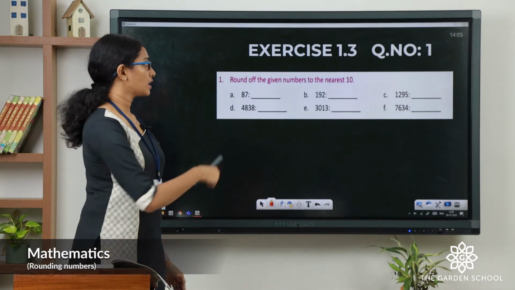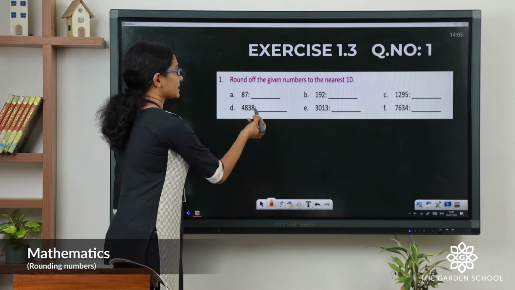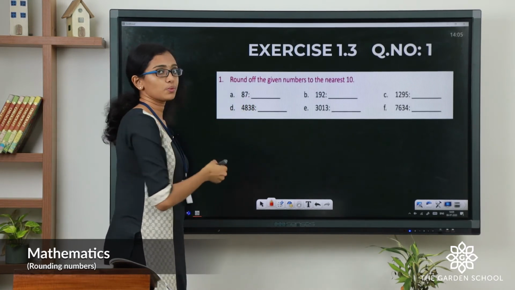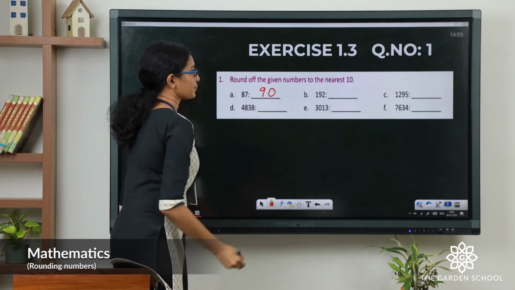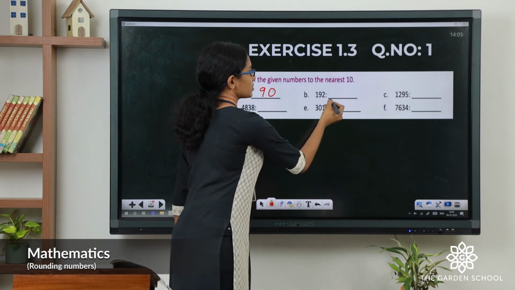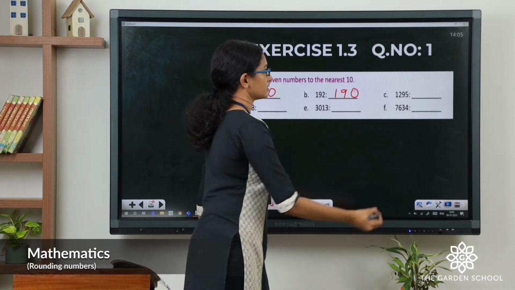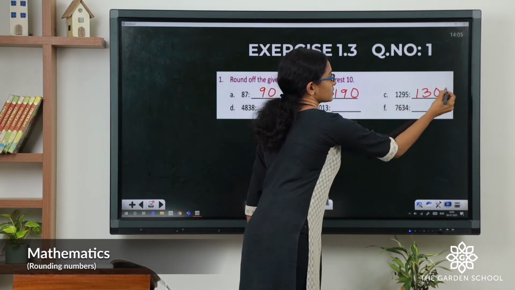Question number 1, round off the given numbers to nearest 10. So the first question 87, the digit in the ones place is more than 5. So we have to add 1 to the tens place, which will give you the answer 90. 192, rounded off to the nearest 10 will give you 190. Here the answer will be 1300.